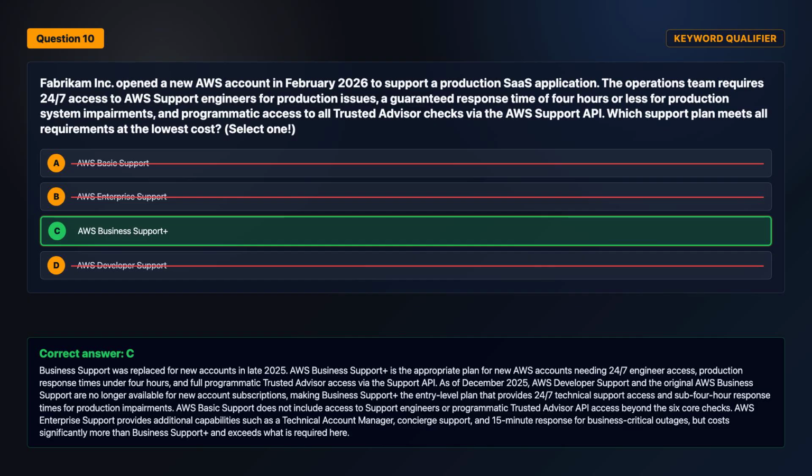AWS Basic Support does not include access to support engineers or programmatic Trusted Advisor API access beyond the 6 core checks. AWS Enterprise Support provides additional capabilities such as a technical account manager, concierge support, and 15-minute response for business-critical outages, but costs significantly more than Business Support Plus and exceeds what is required here.